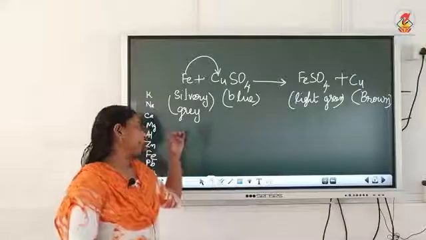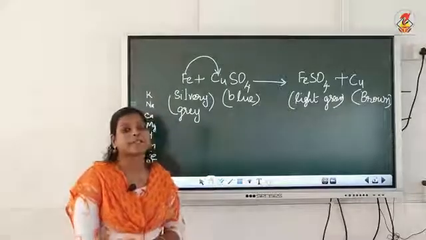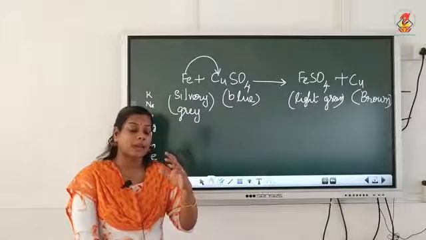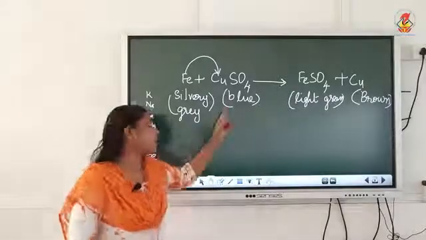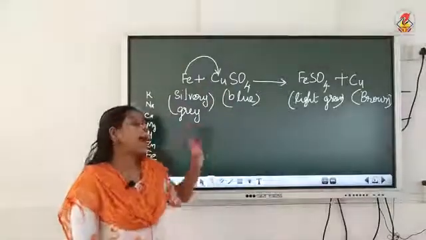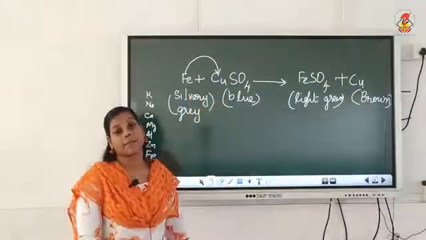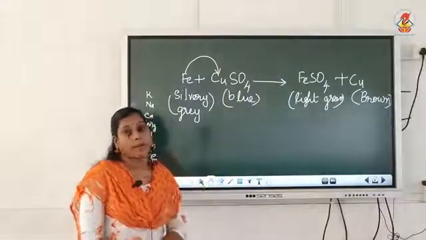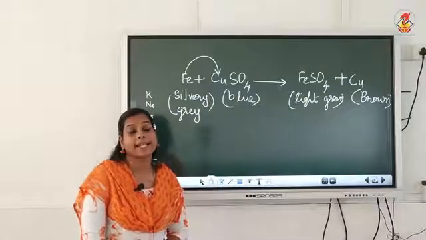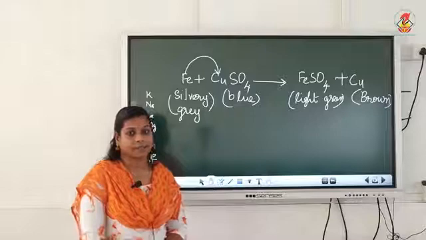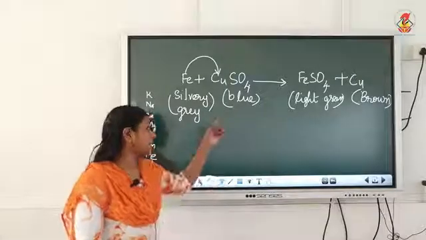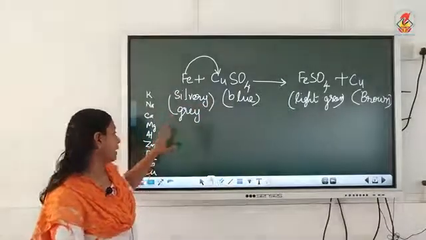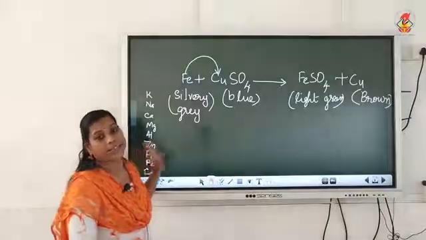When a metal is treated with another metal salt solution, if the metal is more reactive than the metal present in the salt solution, the more reactive metal will displace the less reactive metal from its salt solution and corresponding products will be produced, and that is known as a displacement reaction. Whether the reaction will take place or not is predicted depending upon the position of the metal in the reactivity series.